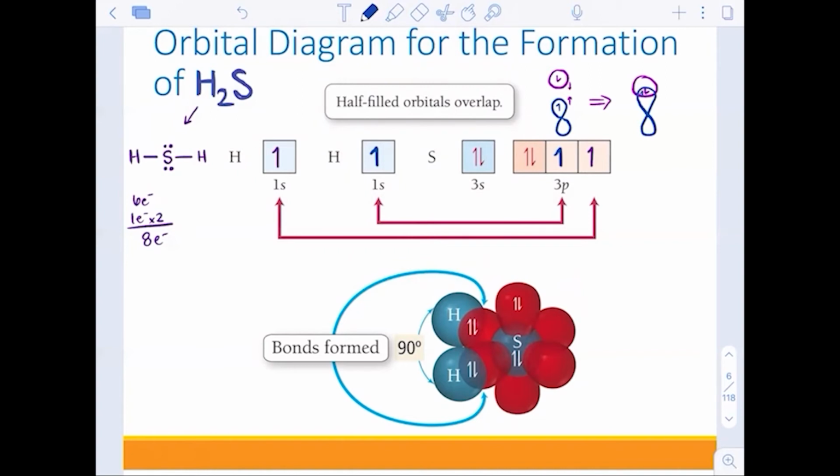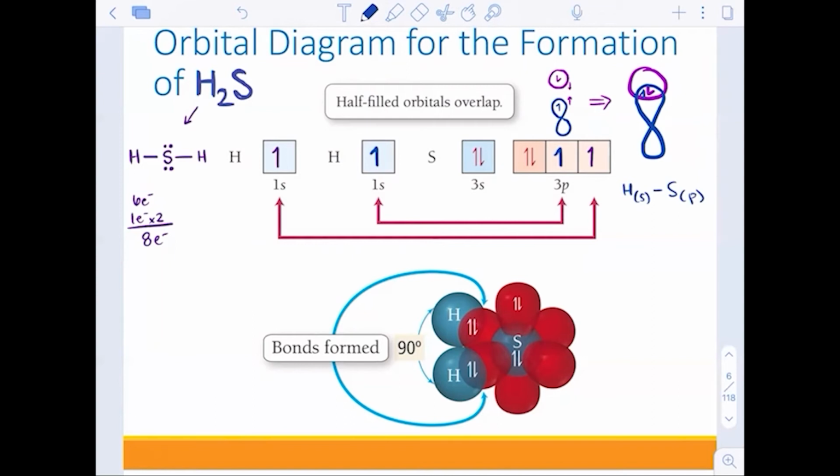There you go. We could put the little electrons in there as well. I know it's a little squishy. Maybe I'll make it a little bit bigger for us. What we see there is the overlap between a hydrogen that was an s orbital and a sulfur in its p orbital.